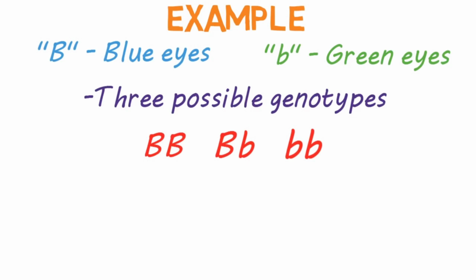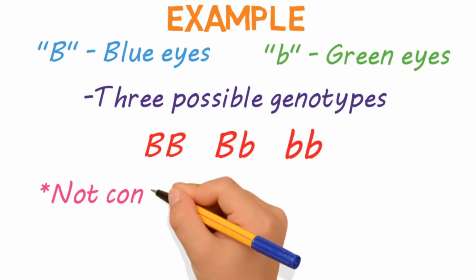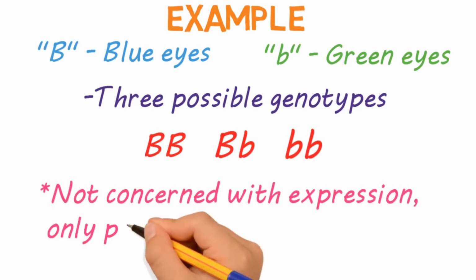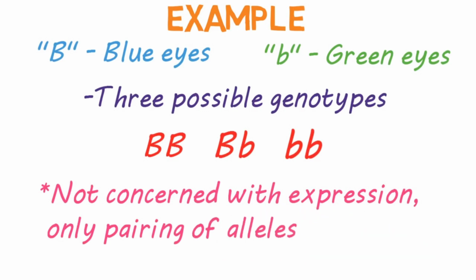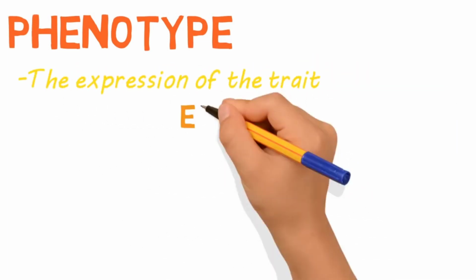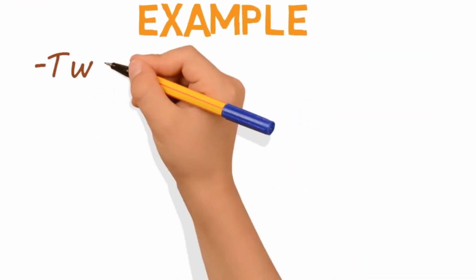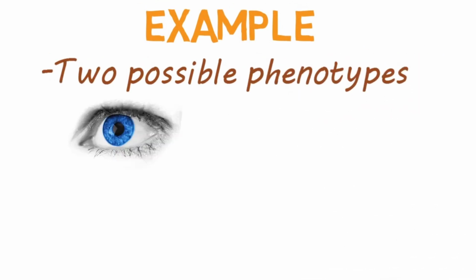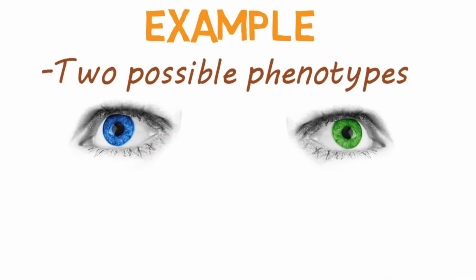These are the possible pairings of the alleles. The genotype isn't concerned with the expression of the trait, only the pairing of the alleles. The other way to refer to a trait is by the phenotype, which is its expression. Using our previous example of eye color, there are only two phenotypes: blue eyes or green eyes. The phenotype isn't concerned with the pairing of the alleles.